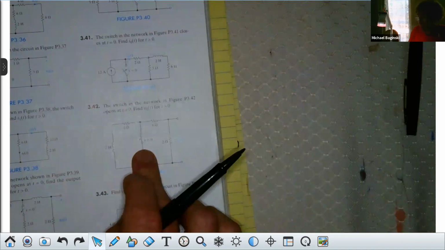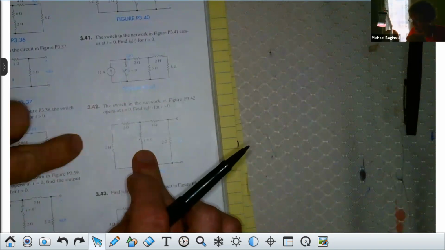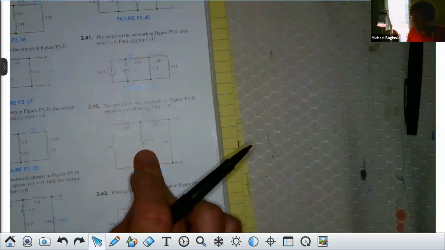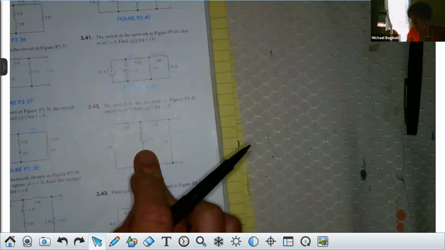Do y'all agree with that? If it's taken out, what do you know the current through the inductor as t equals infinity will be? 0. How many know it's 0 just by inspection? Agreed with that? Just by taking one peek at this, you got that.